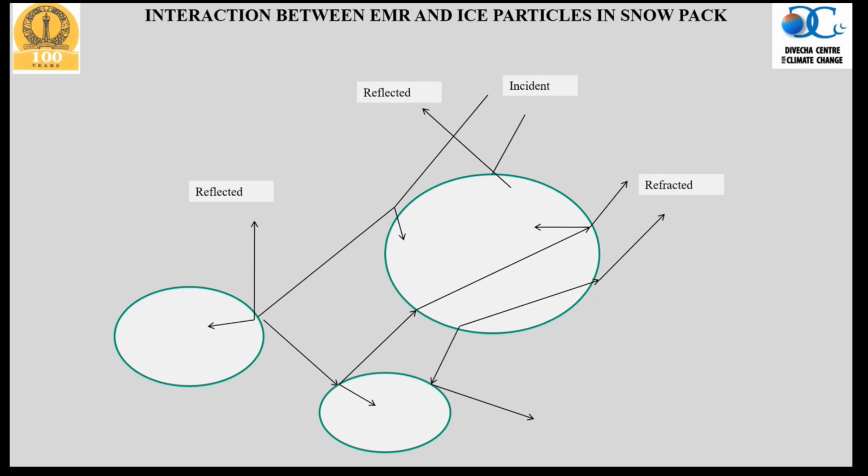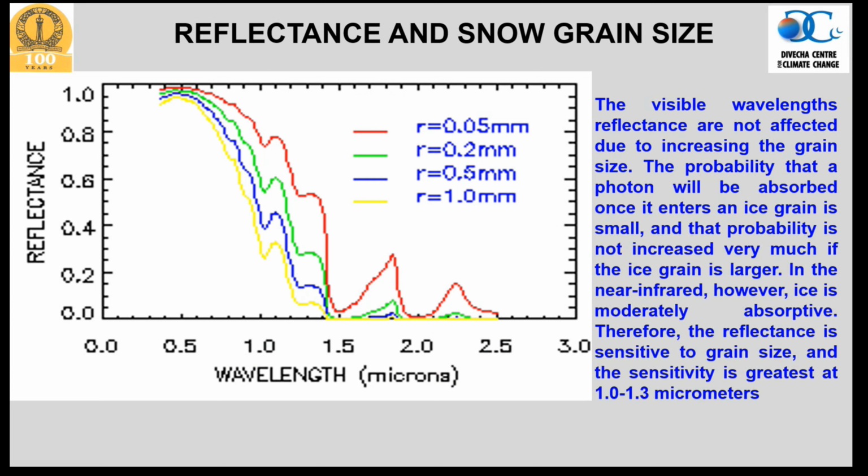So it is important for us to understand why it is happening. Then there are different parts of the electromagnetic spectrum which are sensitive to different characteristics of snowpack.